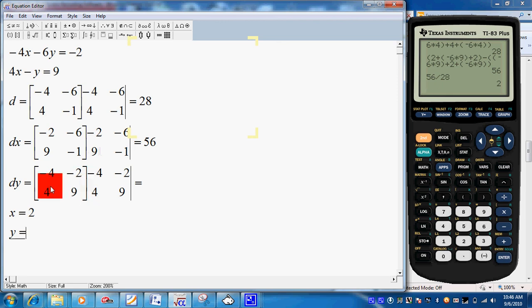So going crosswise diagonally, multiply negative 4 times 9. I don't know what that is, so I'll put negative 4 times 9 in parentheses so the calculator can figure it out for me, plus negative 2 times 4, which is a negative 8.